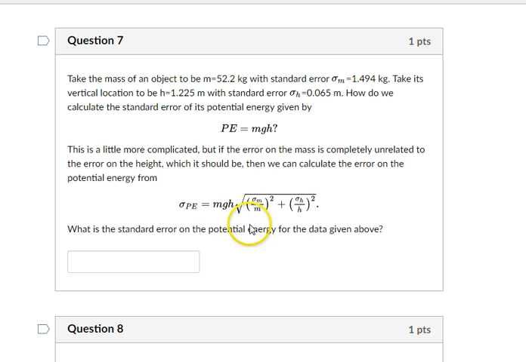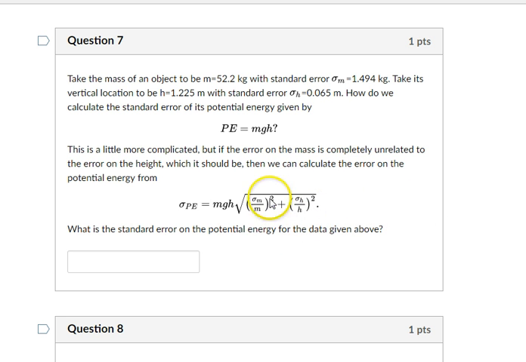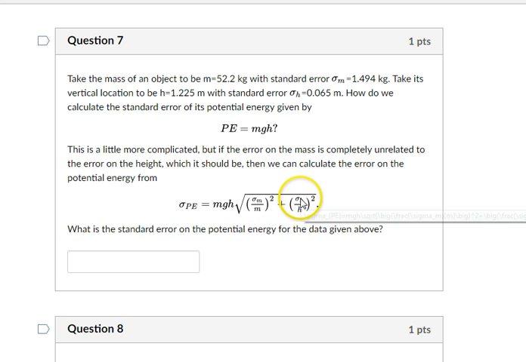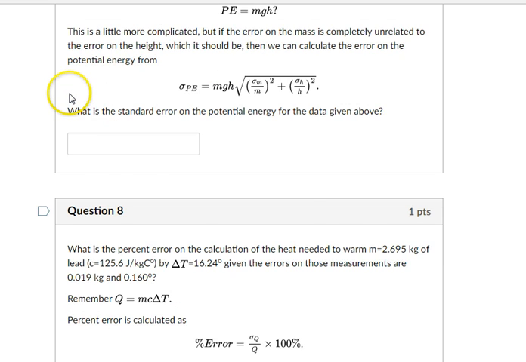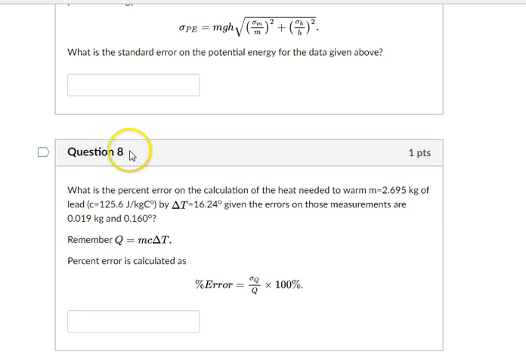You'll see over and over again that when we're looking at error, the squares tend to add, and we take the square root. Sigma m over m is the fractional error, and sigma h over h is the fractional error. So this is the standard error in potential energy for the data given above. And of course, you have sigma m, sigma h, mass, and height, everything you need to calculate that.